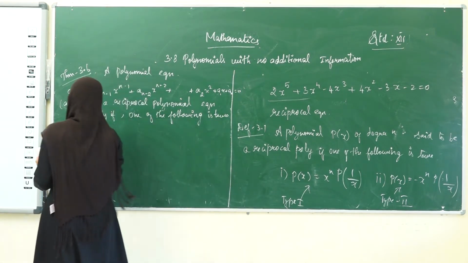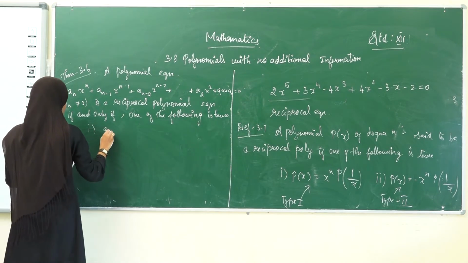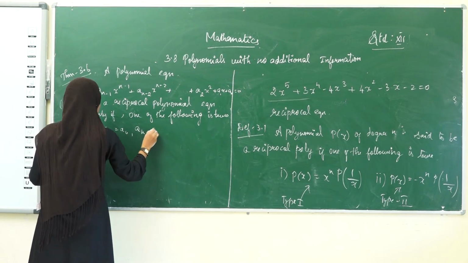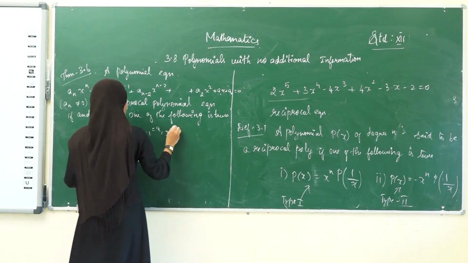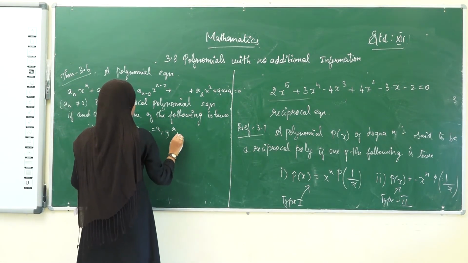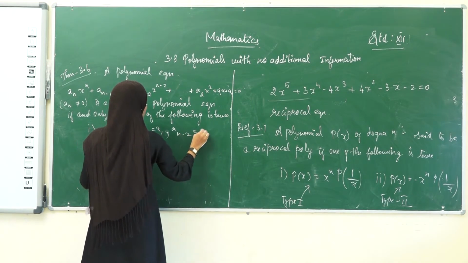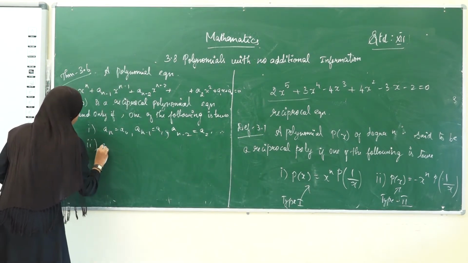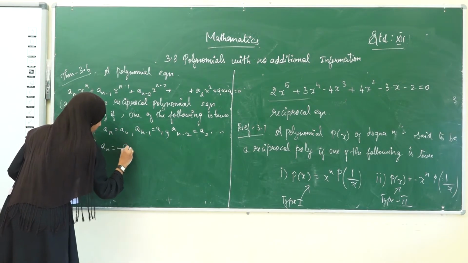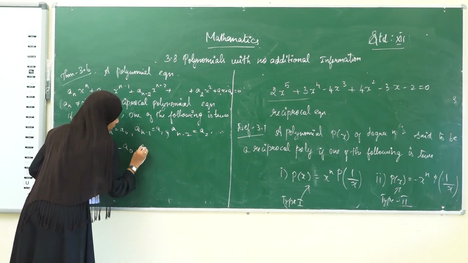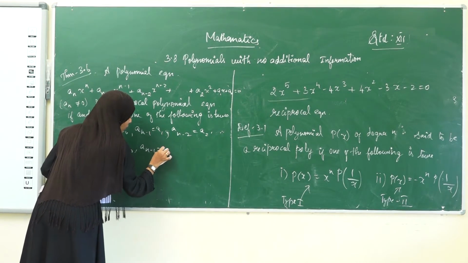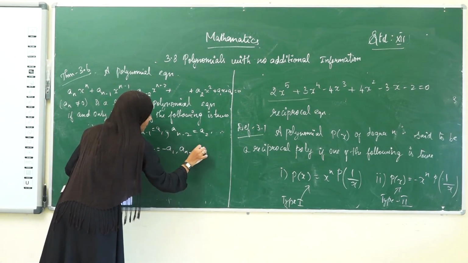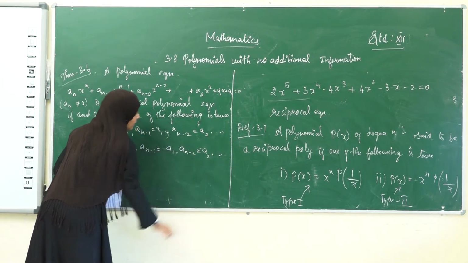What are the conditions? In the first condition, an is equal to a naught, an minus 1 is equal to a1, an minus 2 is equal to a2, etc. And the second condition is an is equal to minus a naught, an minus 1 is equal to minus a1, an minus 2 is equal to minus a2, etc.